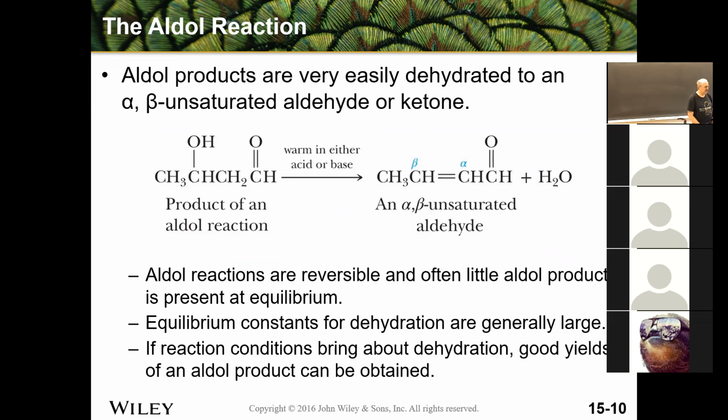Aldol products are very easily dehydrated to an alpha beta unsaturated aldehyde or ketone. Okay, so if we dehydrate, we remove a hydrogen from the alpha carbon and an OH from the beta carbon, and we get this alpha beta unsaturated aldehyde.